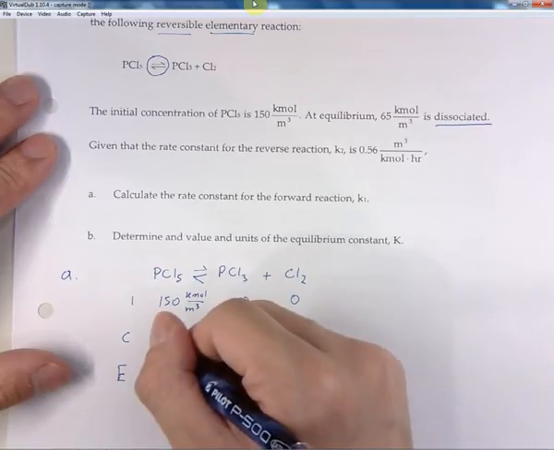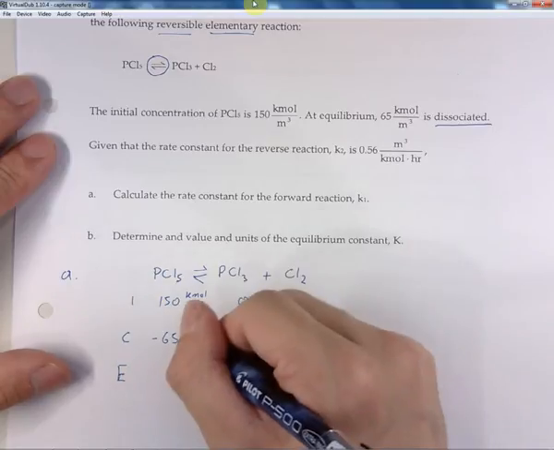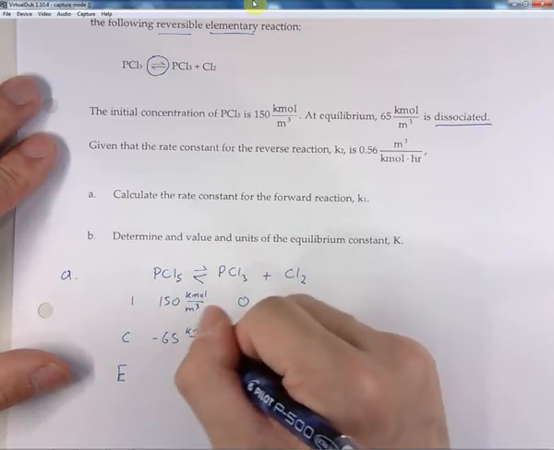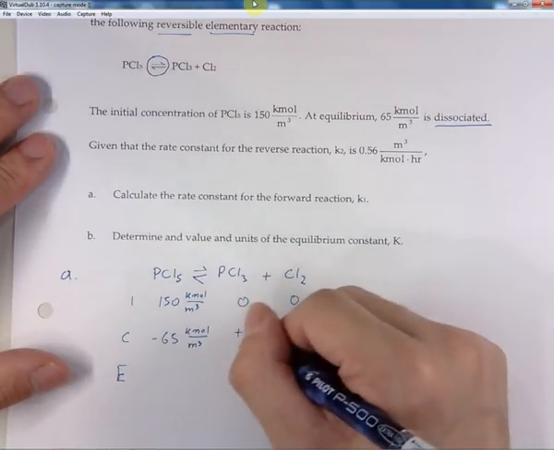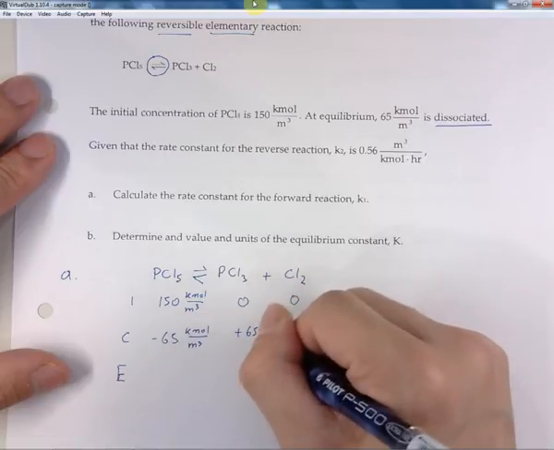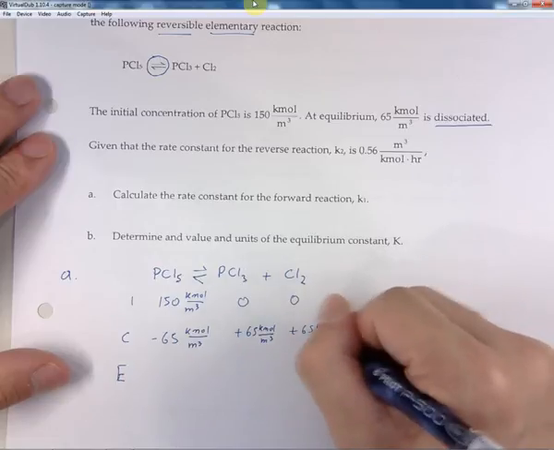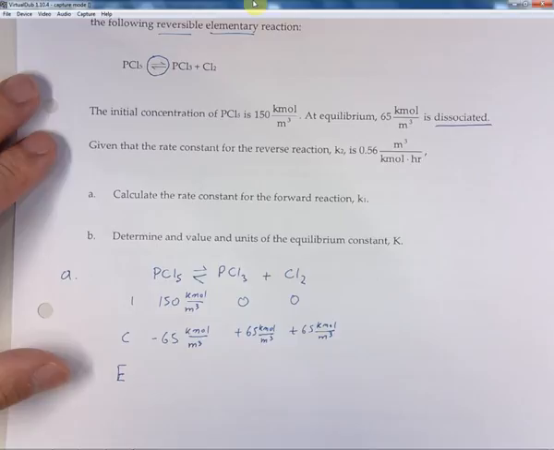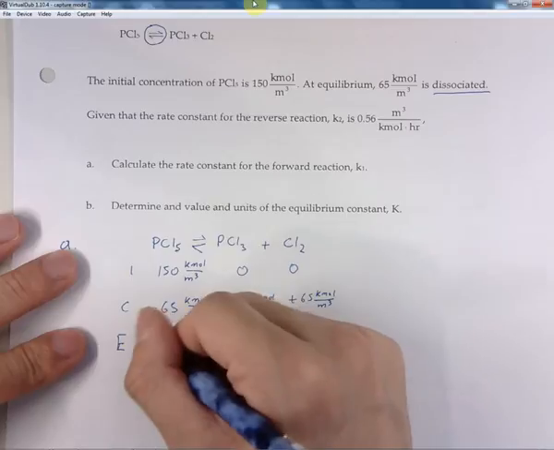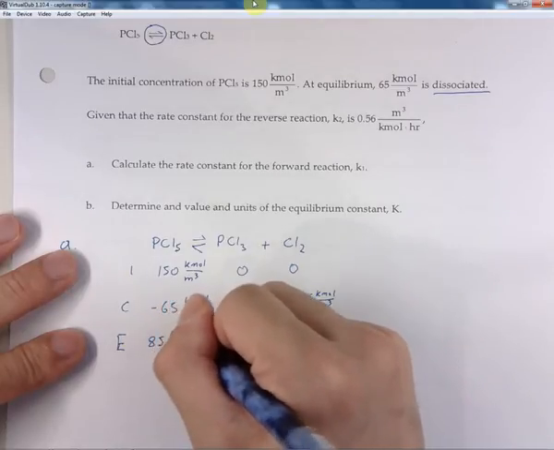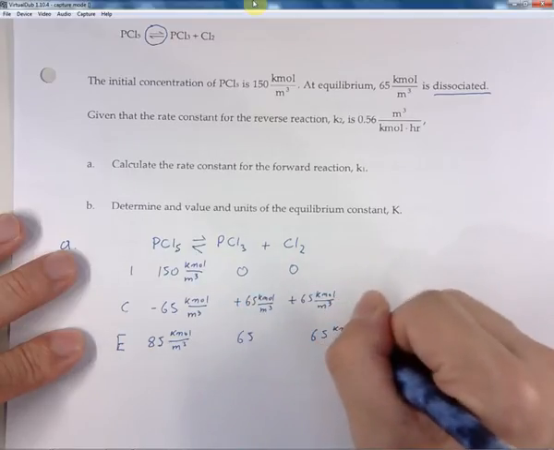So which means during the change process, there's a deduction in the PCl5, and this will give you the addition of 65 kilomole per meter cube. And at equilibrium, you have 85 kilomole per meter cube, 65 and 65 kilomole per meter cube.